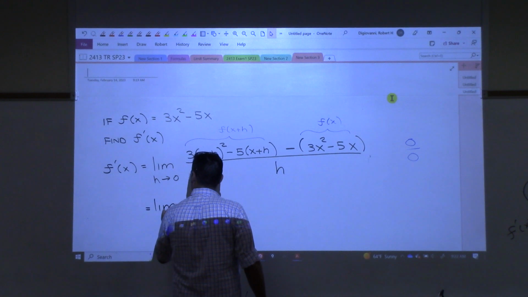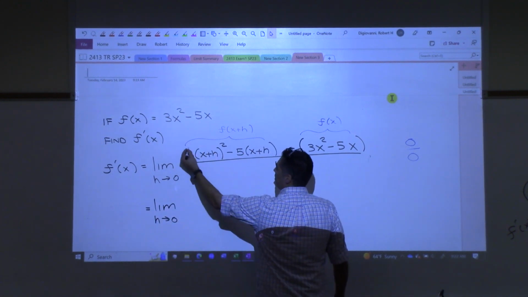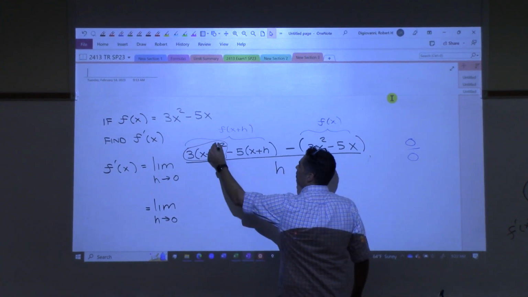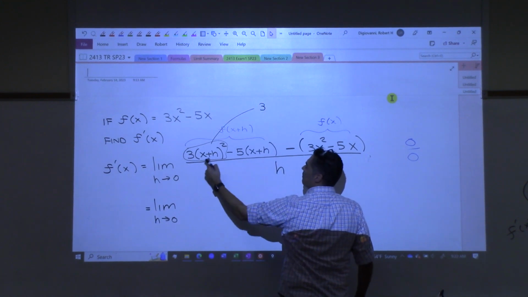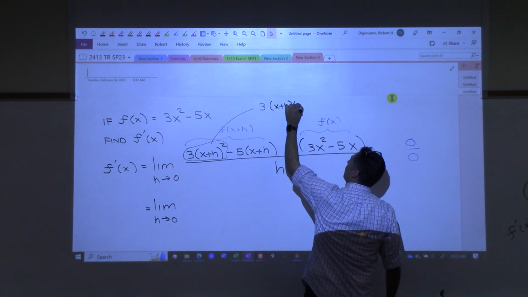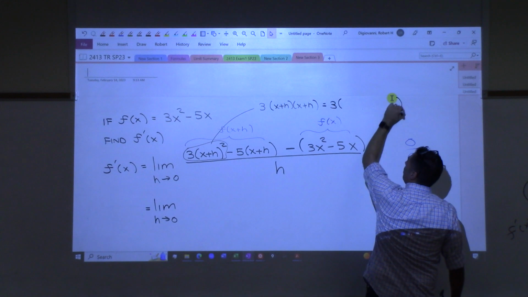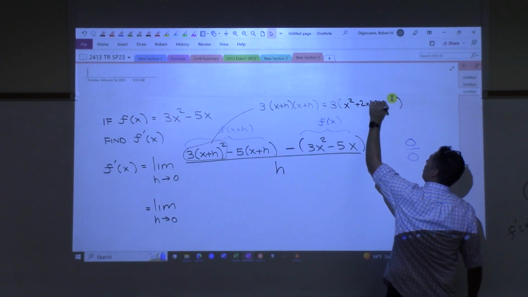Limit as h goes to 0. Okay, I'm going to do this piece right here, just real quickly up here. I have a 3, and then I have to FOIL x plus h times itself. And that's going to be a 3 times, and when I FOIL these together, I get x squared plus 2xh plus h squared.